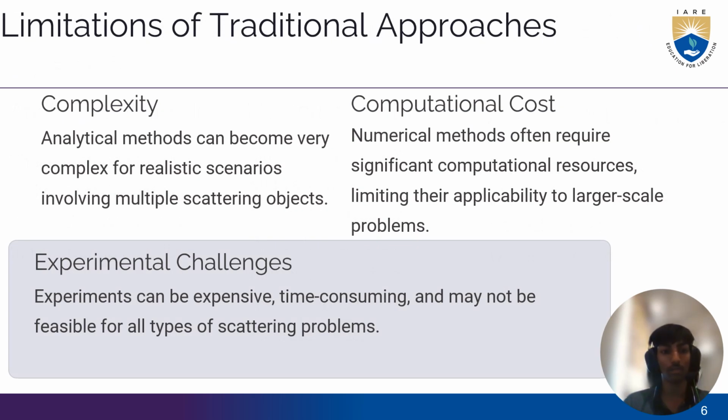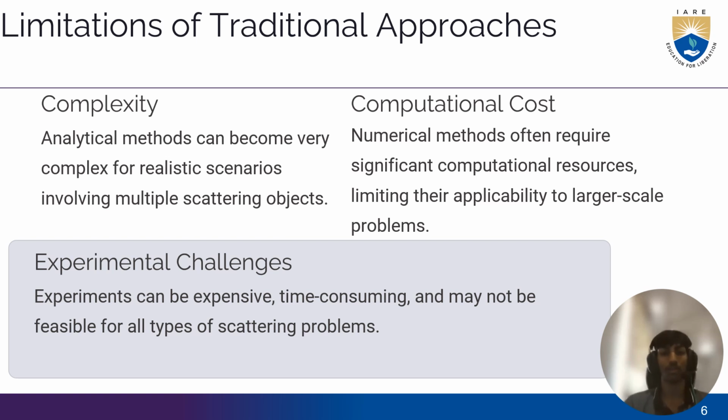Limitations of traditional approaches. There are three limitations: complexity, computational cost, and experimental challenges. The first one, complexity. Analytical methods can become very complex for realistic scenarios involving multiple scattering objects.